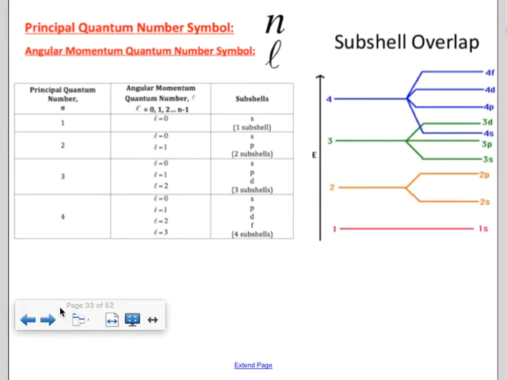There are 2 sublevels in the second energy level: 2s, and 2p right there. Energy level 3 has 3 different sublevels. It's got 3s, it's got 3p, and then the transition metals tend to screw everything up. Here's 3d.